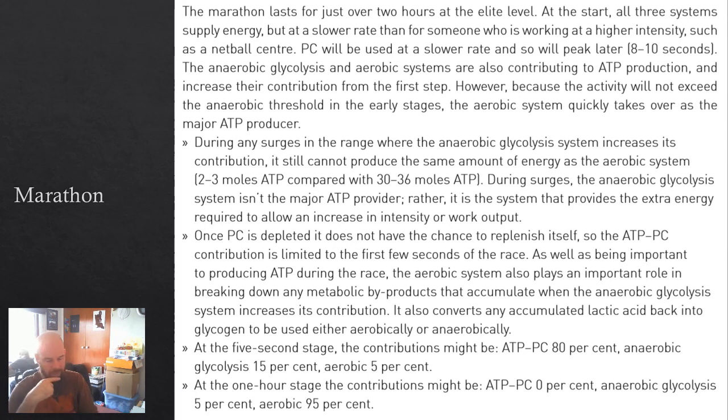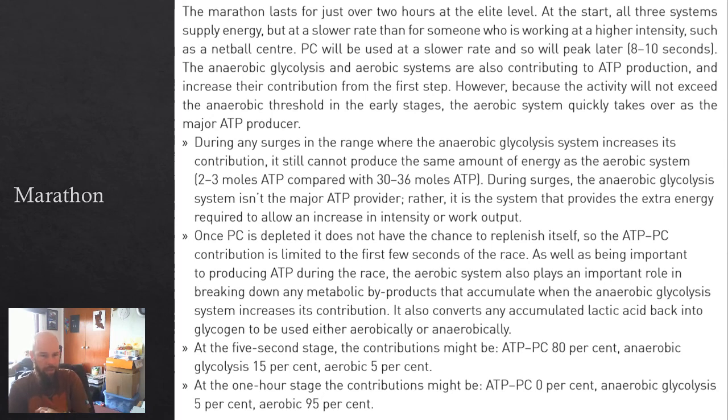The person coming second starts a flat out sprint. They're using the last of their energy stores in a flat out sprint to try and catch that person to make up the difference between gold and silver. So if we took a photo of that moment in time, you would say that the predominant energy system at that time was the anaerobic glycolysis system.